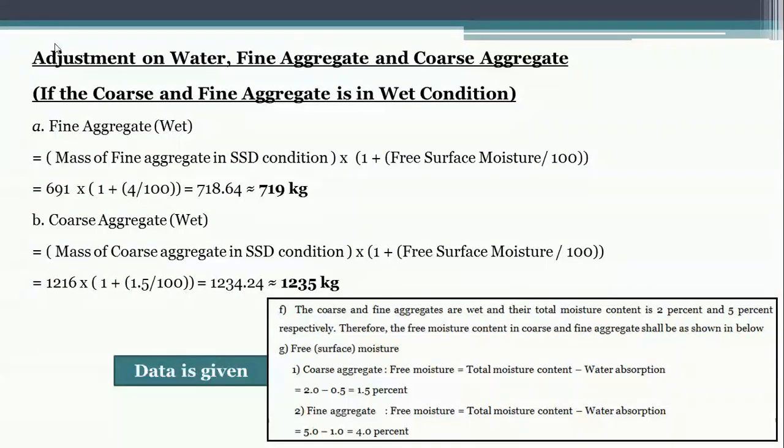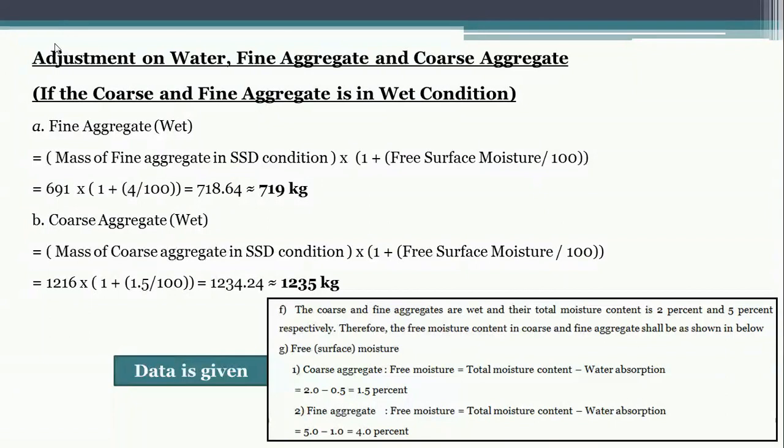So 1 plus 4 by 100, you will get the value 718.64, approximated to 719 kg. Similarly for coarse aggregate in the wet condition, the formula is mass of coarse aggregate in SSD condition into 1 plus free surface moisture percentage. So mass of coarse aggregate in SSD condition is 1216 into 1 plus free surface moisture.